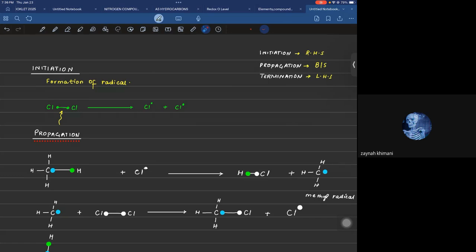They have the same number of outer electrons, and in the presence of sunlight they both produce radicals by homolytic fission, that is the equal distribution of electrons. So that's it for the free radical substitution reaction. If anyone has any question, feel free to ask. Then I move ahead.